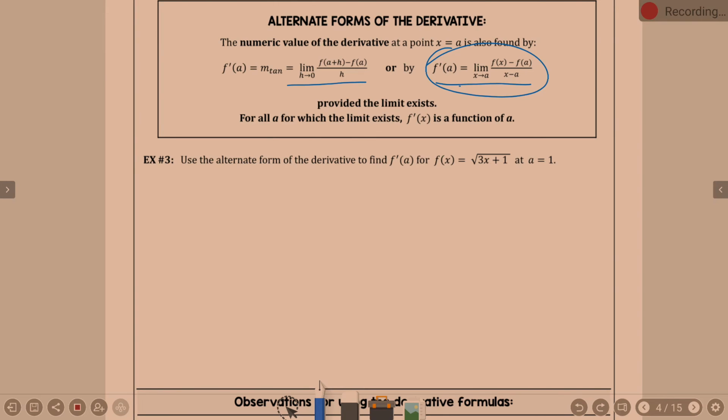This is an alternate form of the derivative because it's a different equation, right? So, okay, with that in mind, we were told a is 1, yes? Yep. So if a is 1, what is the function value when a is 1? In other words, what is f of 1?